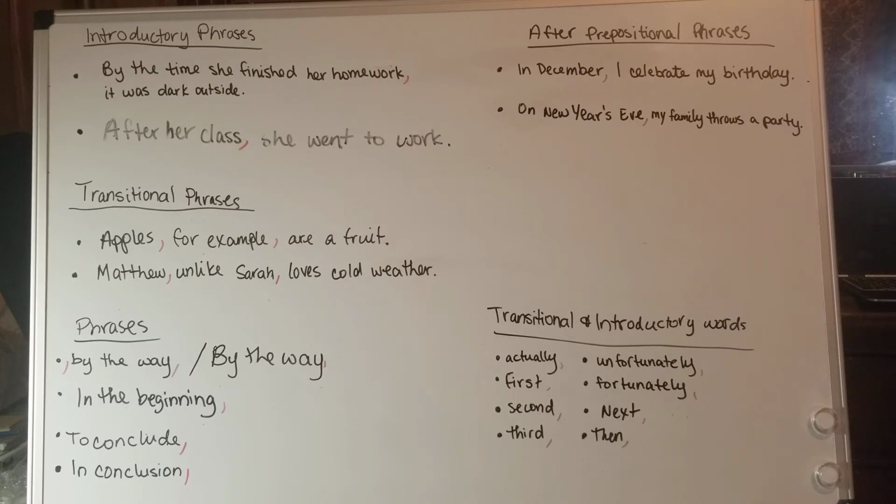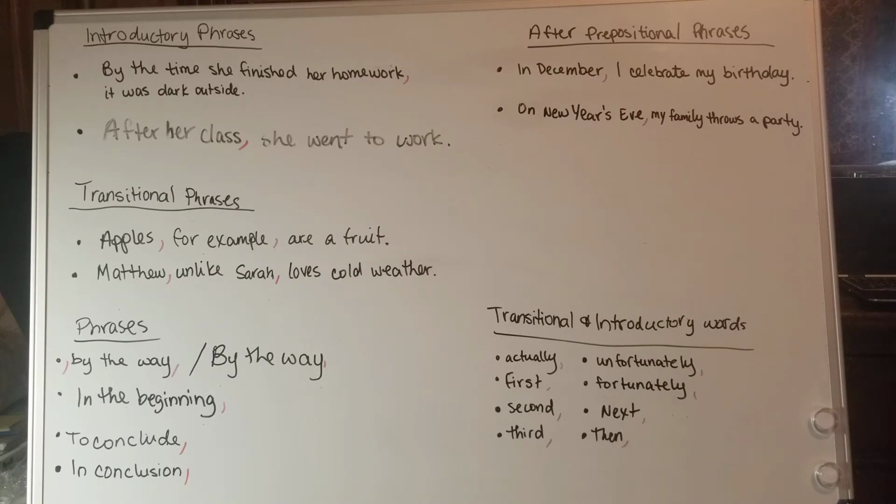Okay, and then we have transitional phrases. So we have apples, for example, are a fruit. And then we also have Matthew, unlike Sarah, loves cold weather. So these are transitional phrases. Those are 2 of the common ones you'll see, for example, or unlike something.